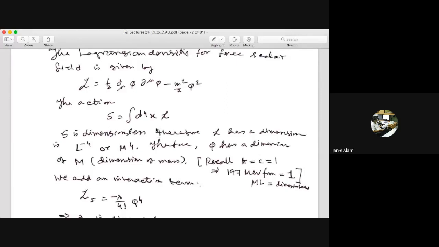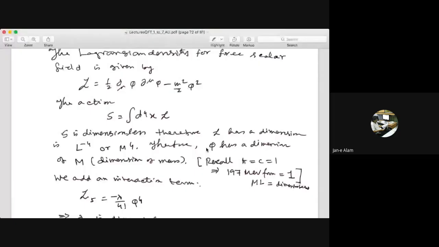But in your calculational procedure, there will be no problem, because if you take h bar equal to c equal to 1, you will be able to show that 197 MeV Fermi equals 1. Just put the values of h bar and c in SI units, and you will get this relation. So what I am saying is, d^4x has the dimension of length to the 4.